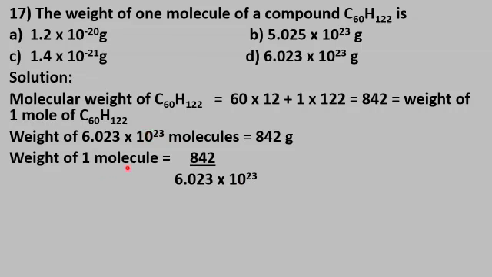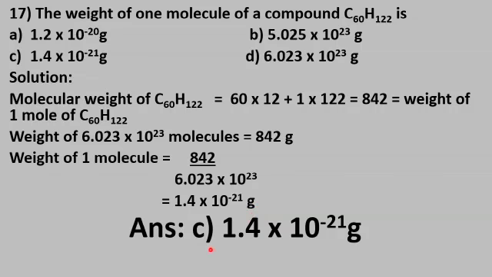Therefore, weight of one molecule is 842 divided by the number of particles, that is 6.023 into 10 raised to 23. So that is equal to 1.4 into 10 raised to minus 21 gram. So therefore the correct option is option C.